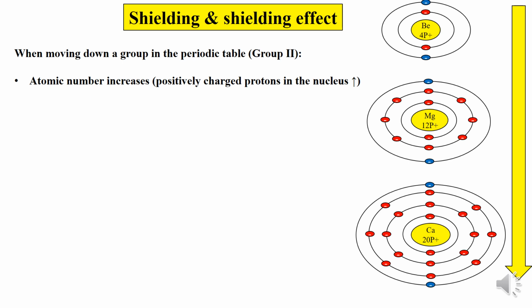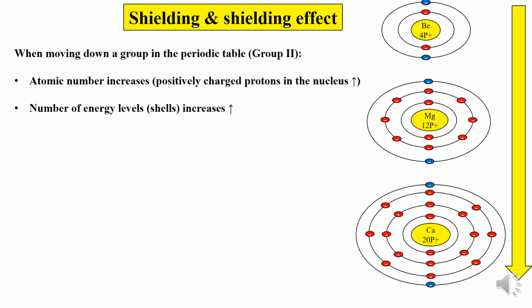You observe that the atomic number increases, that is, the positively charged protons present in the nucleus increases. So beryllium has 4 protons in its nucleus, magnesium has 12 protons in its nucleus, and calcium has 20 protons in its nucleus. So as you move down the group, the periodic table, you find that there is increase in the atomic number.